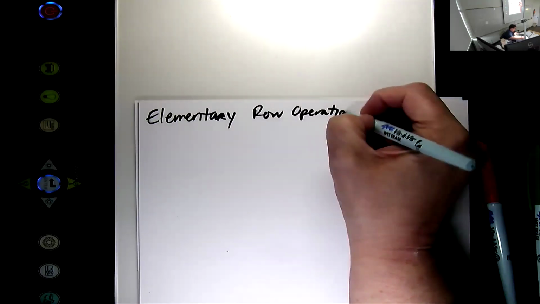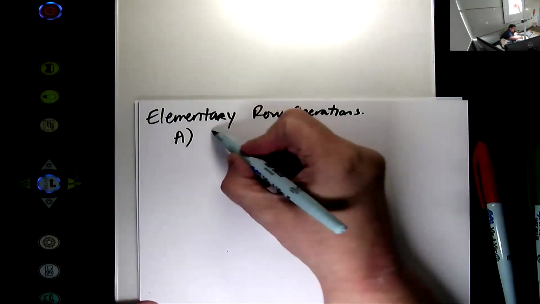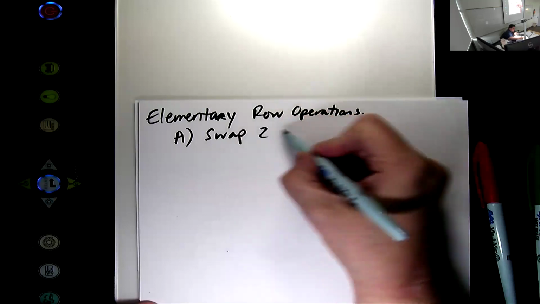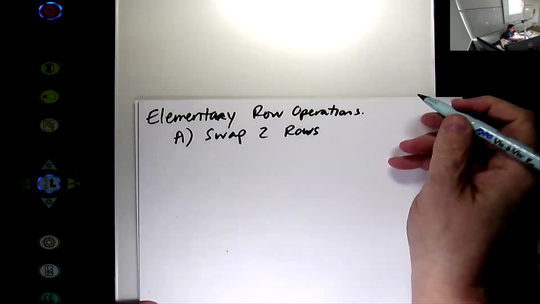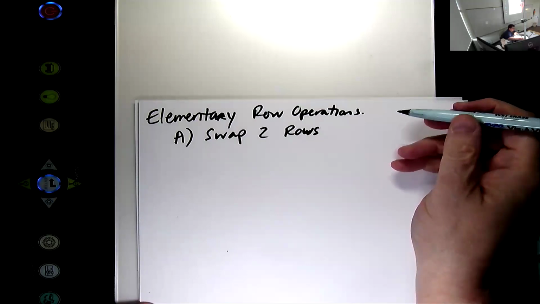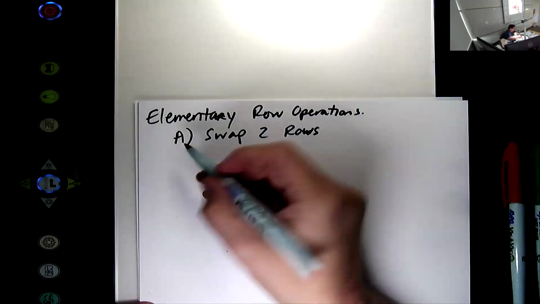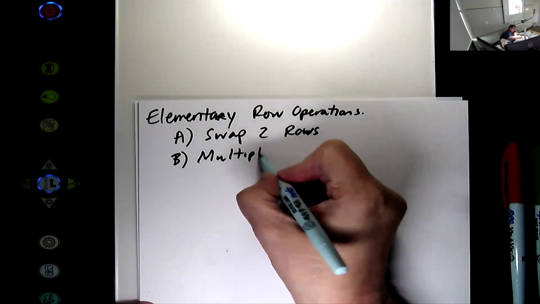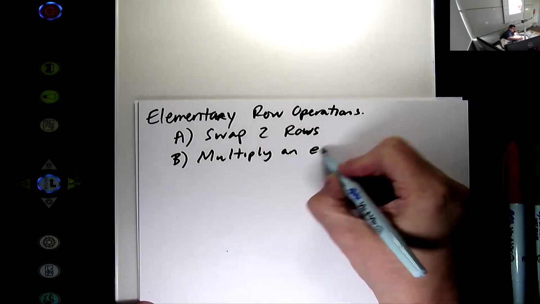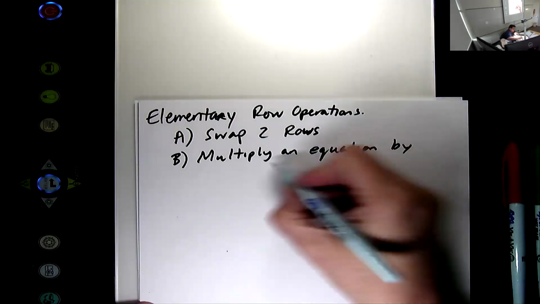When we did the 2 by 2, there are some additions. Here we can swap 2 rows, if it makes it easier. Swapping 2 rows doesn't change anything. We can multiply an equation by a constant.